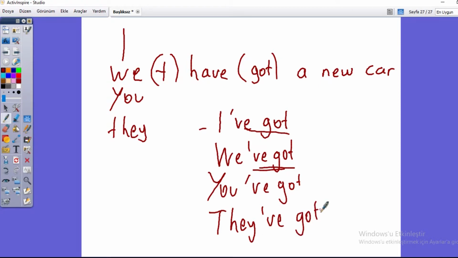And the other subject pronouns are he, she, it. When we form them, we say he has got, she has got, it has got, and use the short forms. He's got a nice jacket. He's got a nice house.